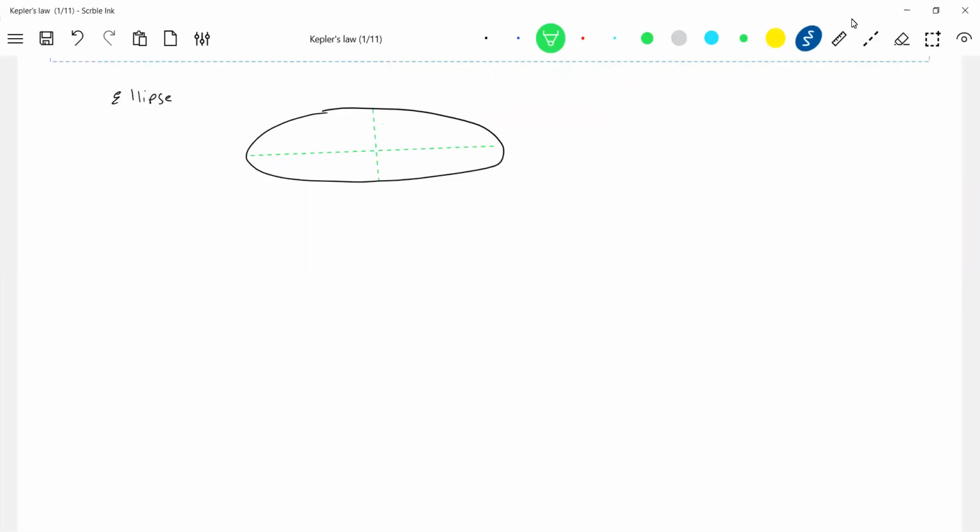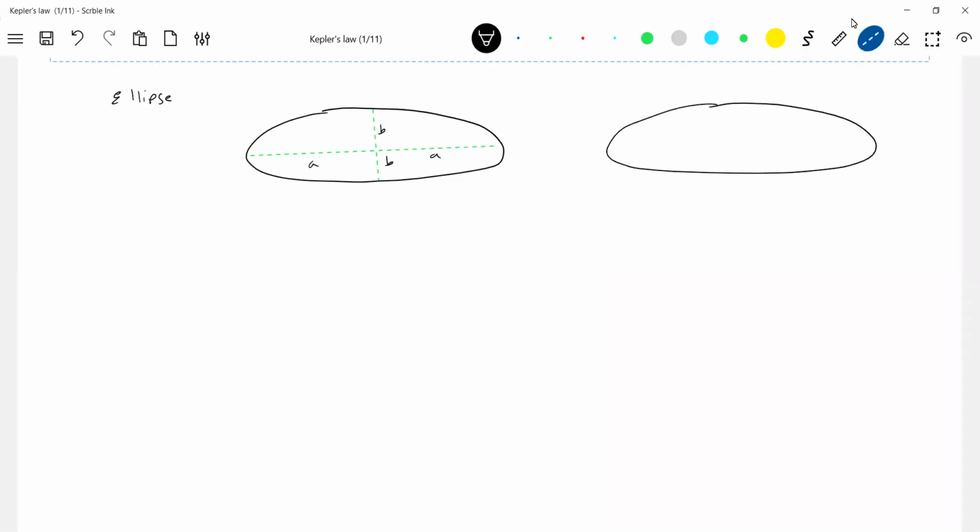This distance, this will be called A. It will have two foci. Foci 1, foci 2. If it is only one, we'll call it a focus. If there are two, we'll call them foci. F1, F2 are called the foci here.